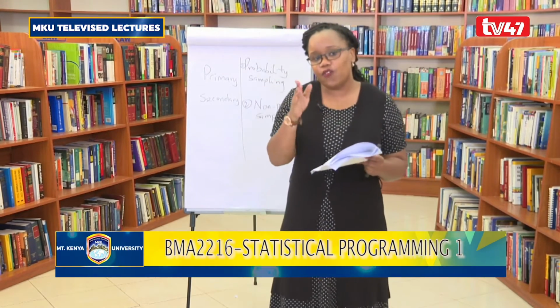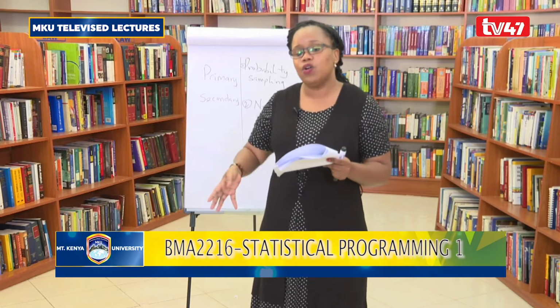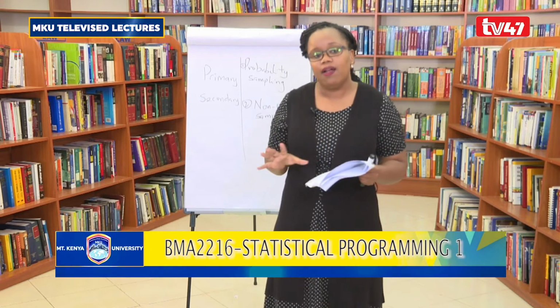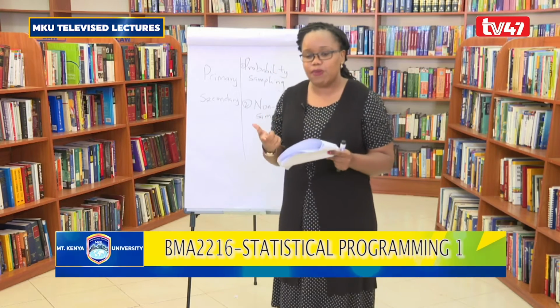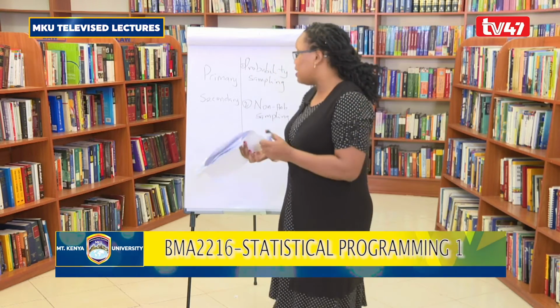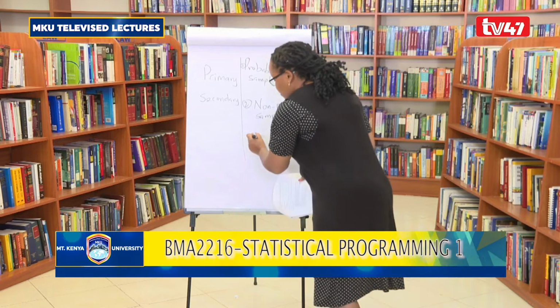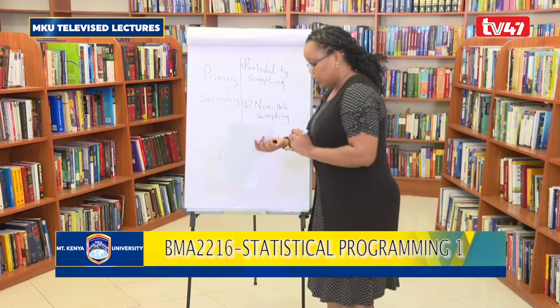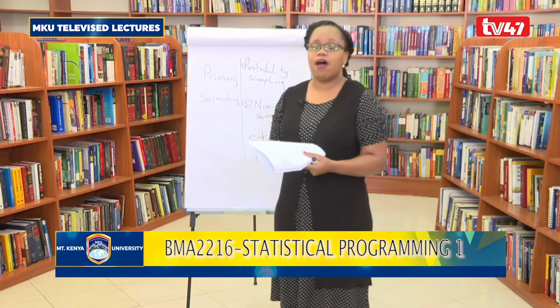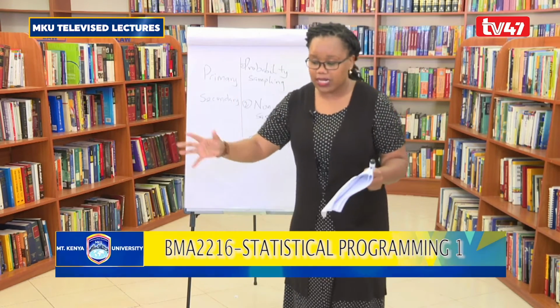So if we wanted to sample from all counties, the 47 counties become 47 strata.